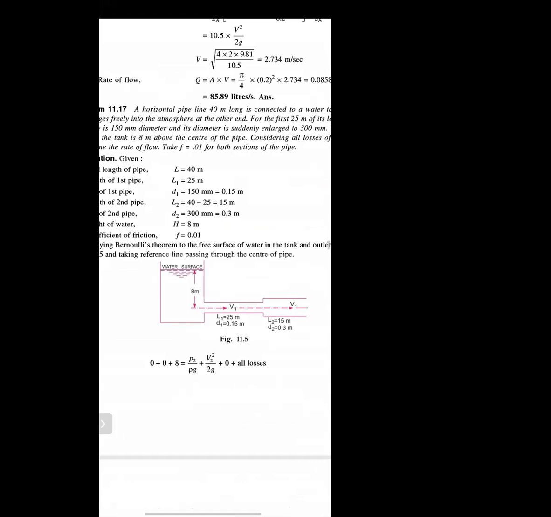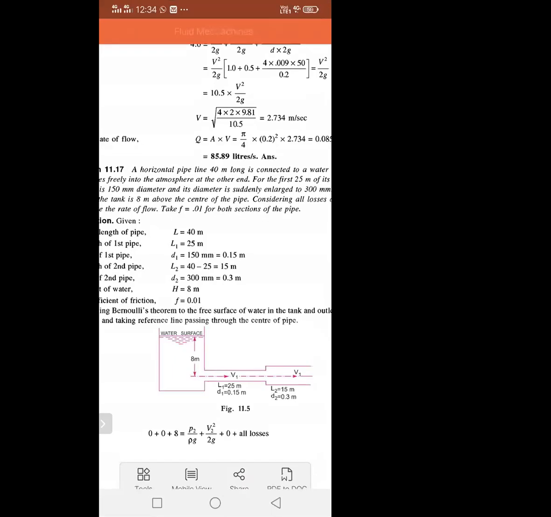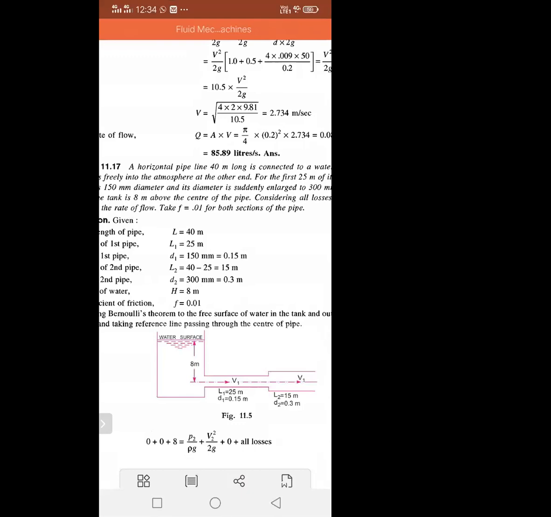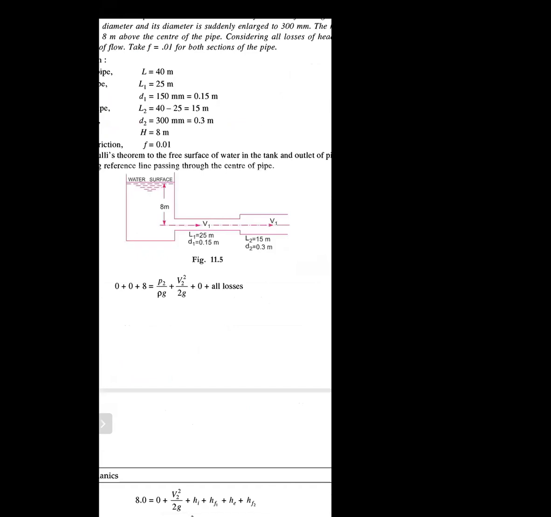Next type of problem: in this problem, it has been asked to calculate total head loss, and here from the water surface or from the tank to the pipe, the diameter of the pipe changes from 0.15 meter, or 150 mm, to 300 mm.